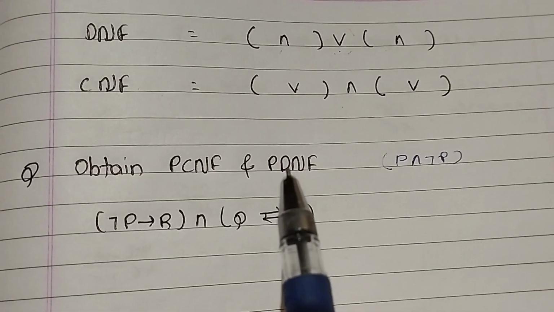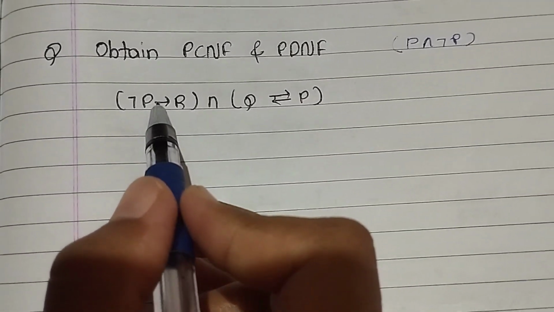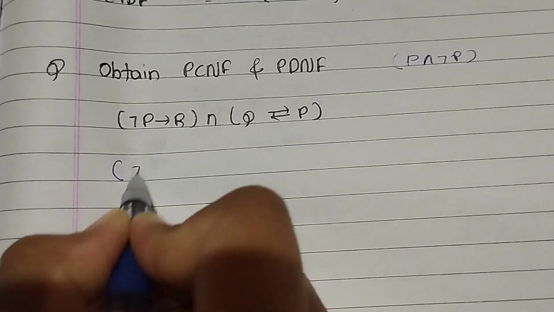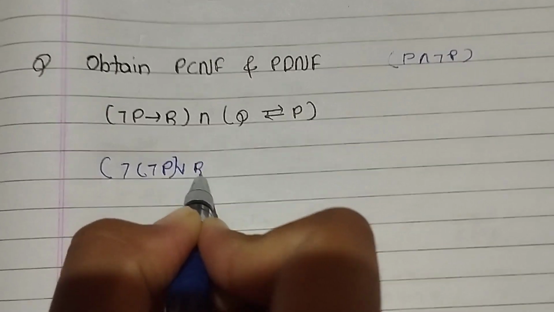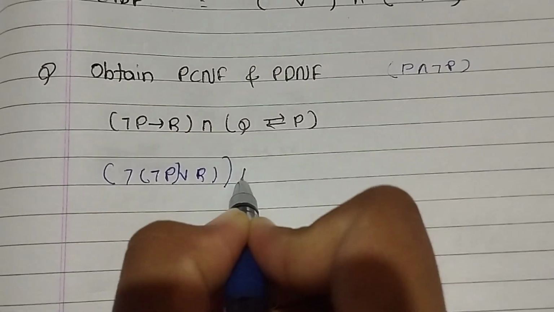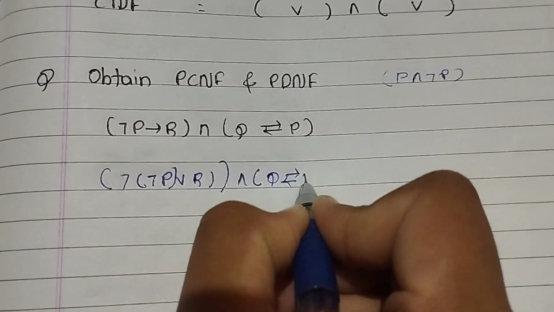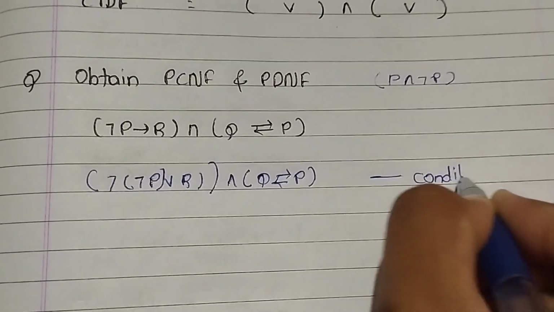Let's start to solve. First we use the conditional law to solve the one bracket: negation of negation P or R, and Q conditional P. Here we use the conditional law.